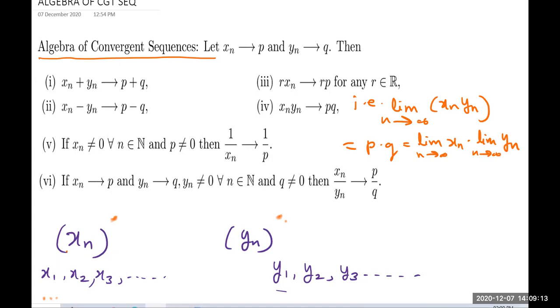Everything means one and the same thing. Please take screenshot of this now. And when you write in the book, you will be copying everything.